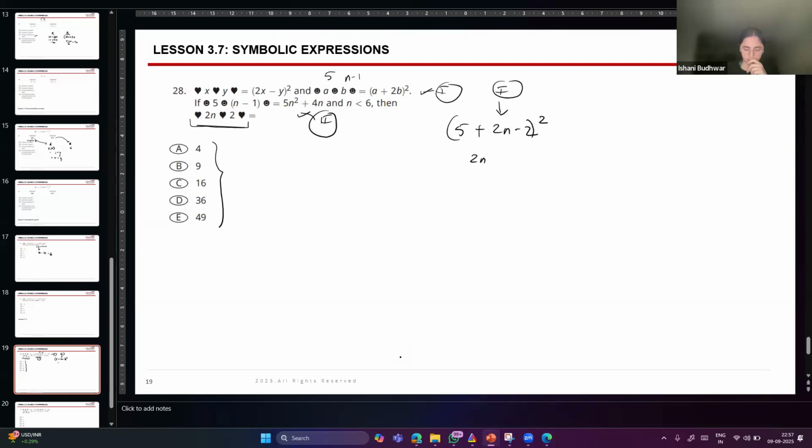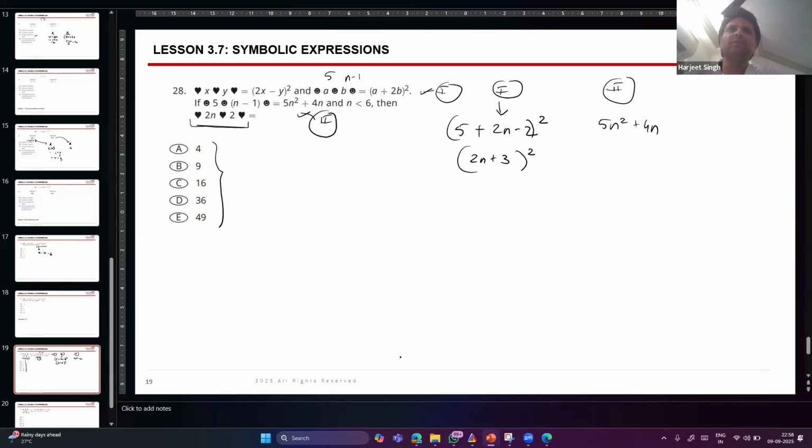Which means it's 2n plus 3 whole square, correct? And I also have from 2, this 5 into n minus 1 is 5n square plus 4n, which means these two can be equated because the symbols are the same and the order is also the same. And A and B I've substituted as 5 and n minus 1 respectively. So both can be equated.